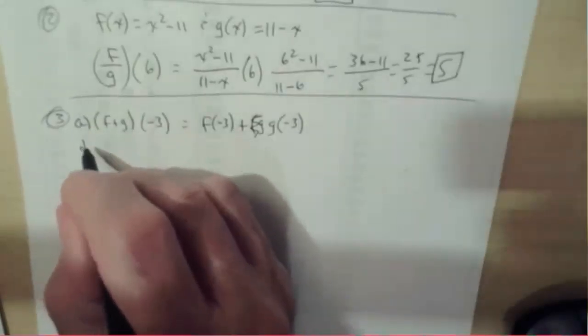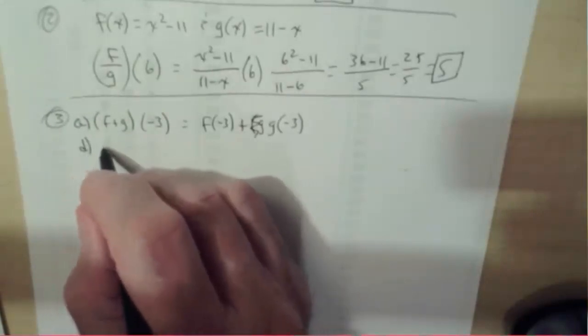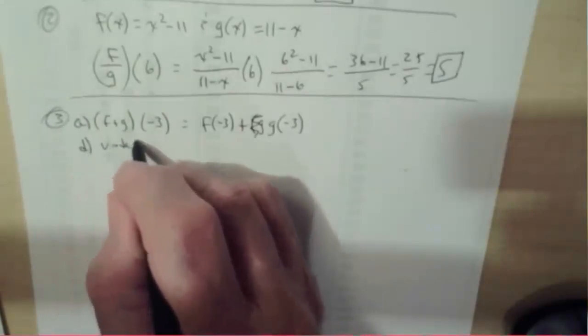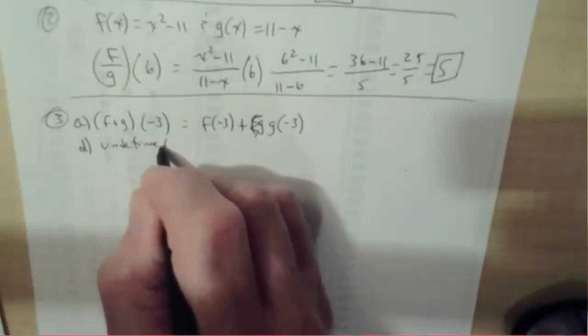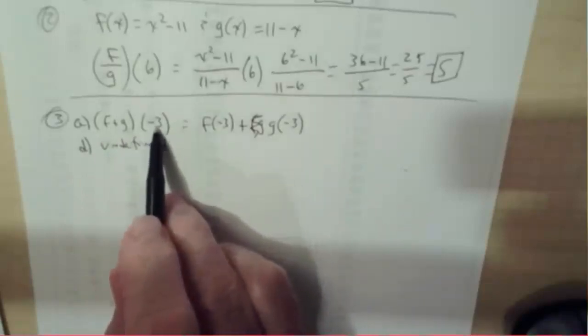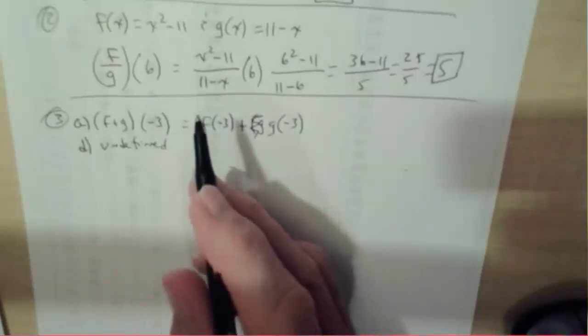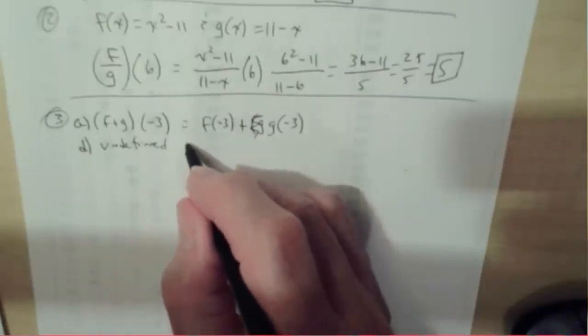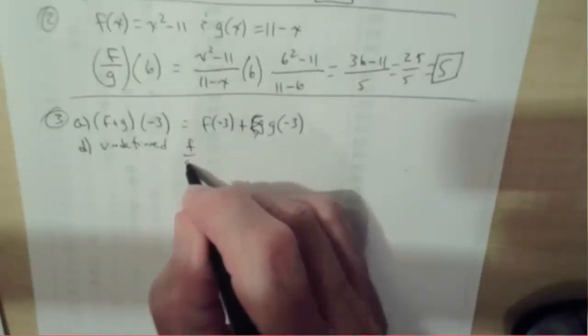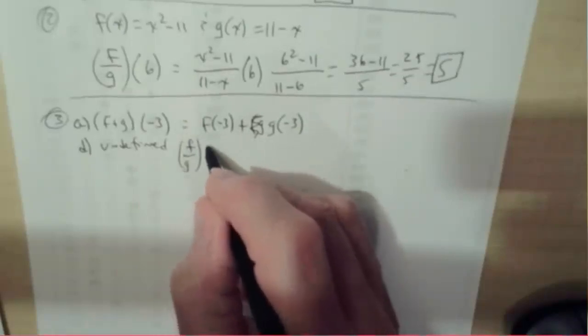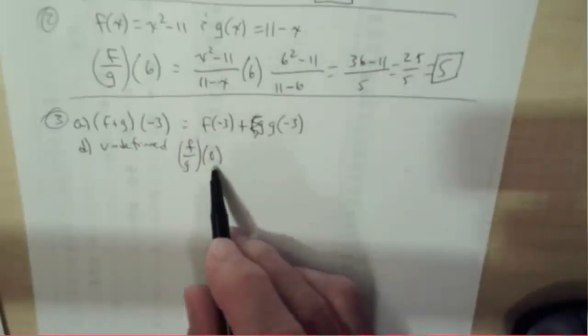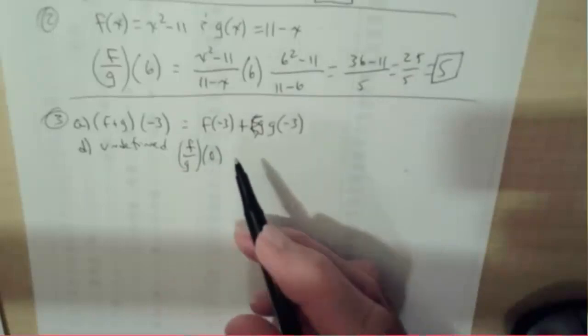Letter D is going to be undefined, because it's f divided by g of 0. And remember, whenever there's a 0 in the denominator, it's undefined.